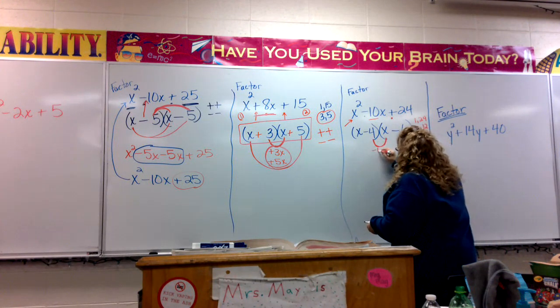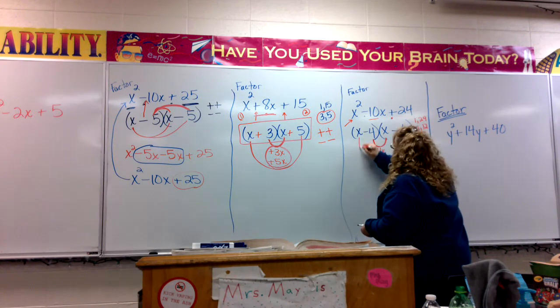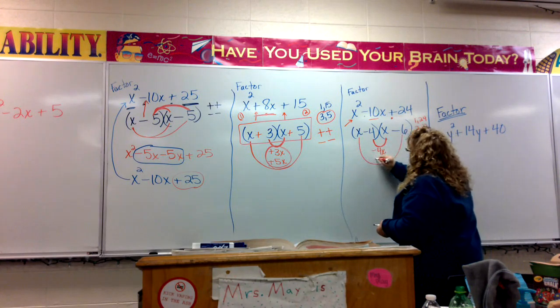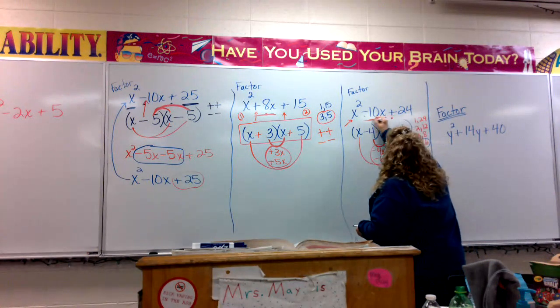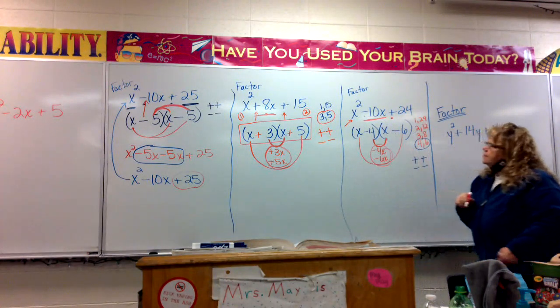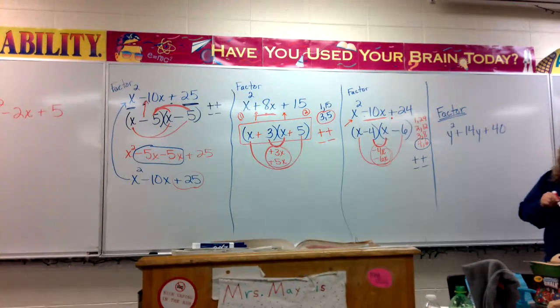Negative 4x. And what do you get here? What do you get if you combine those? It better be this. Is it? Yes. Do you have any questions so far? Sort of makes sense? Well, let's do about 12 more just for fun.